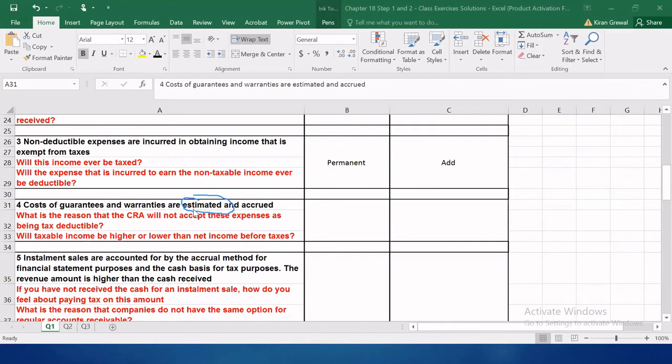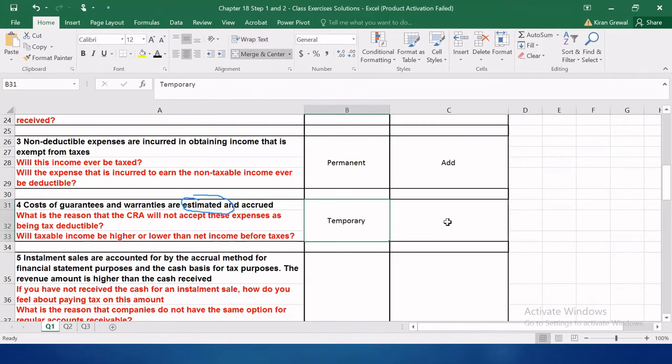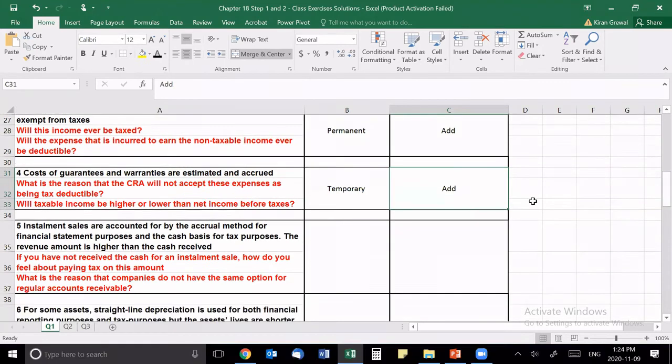But right now, we know that this is expensed for accounting purposes, can't be recorded for tax purposes until it's actually paid. So therefore, there is a temporary difference that will cancel each other out in the future. So if this was a cost that was deducted to get accounting income, we have to add it back in order to get taxable income.